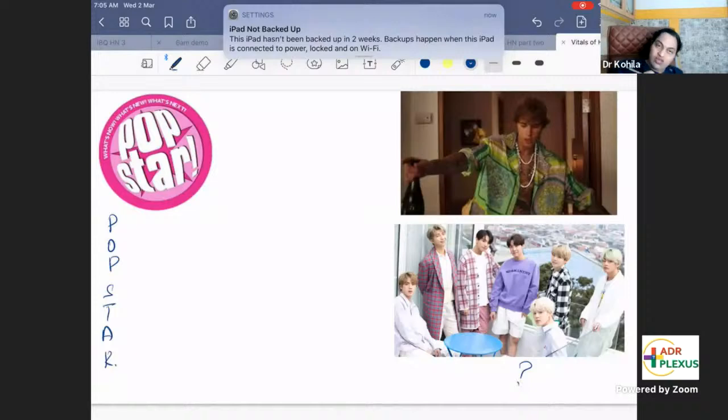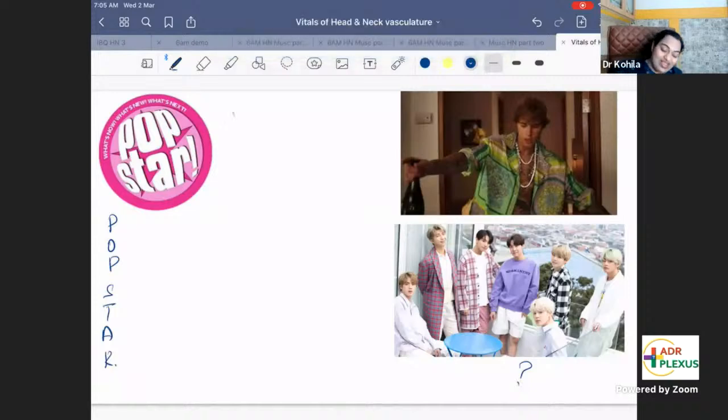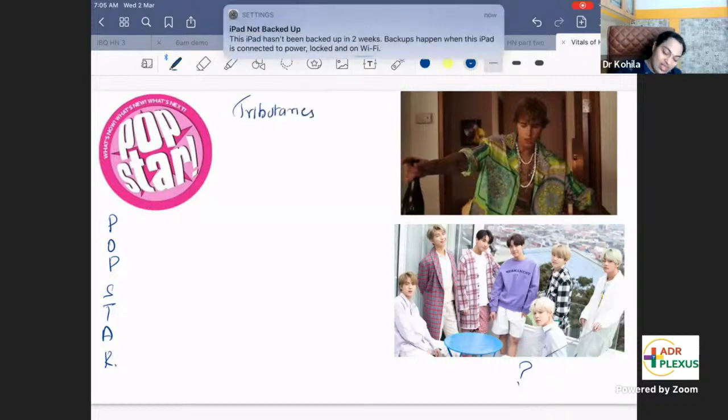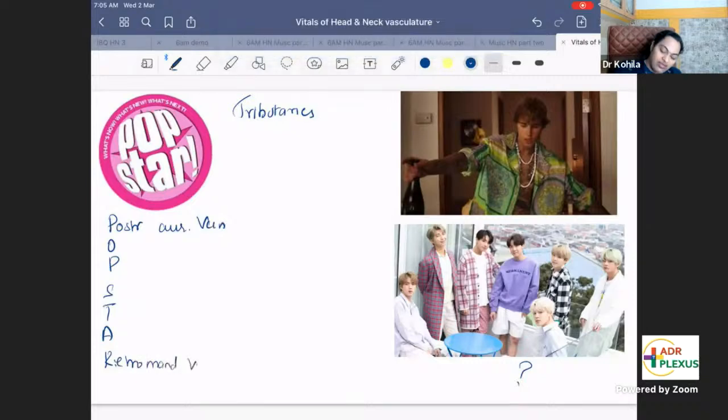So this is the mnemonic for the tributaries of the external jugular vein. What are the first to last ones? The formative tributaries: posterior auricular vein, posterior division of the retromandibular vein.